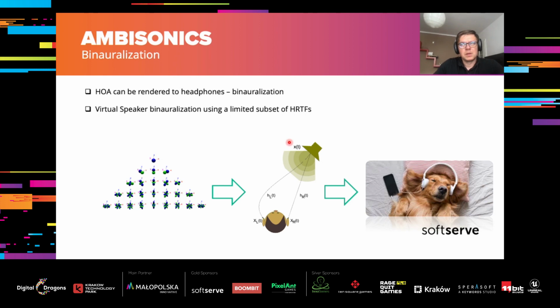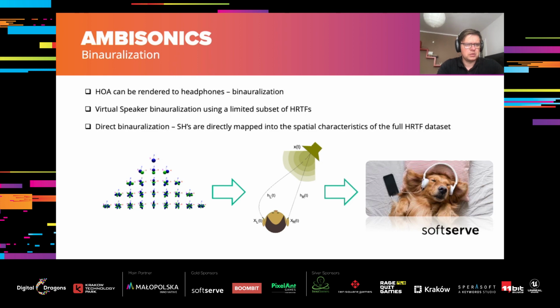Basically, as with decoding into the speaker layers, we decode our ambisonics sound field representation to some speaker setup, and the generated signals are then convolved with a specific subset of HRTFs that corresponds to the position of those speakers. So that is one popular approach, and the other approach is direct binauralization.